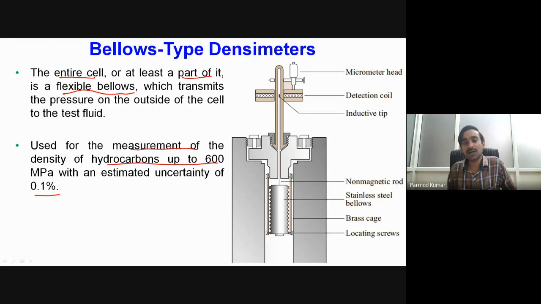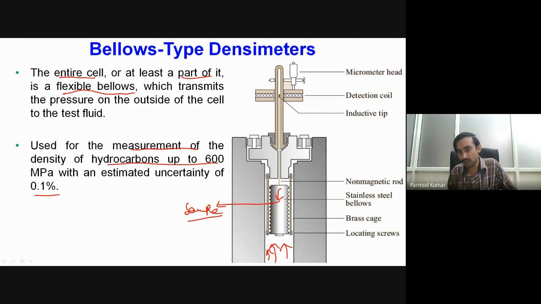What is basically done over here is that inside this bellow we put our sample. Here the sample is put, and after that we can keep this sample at any pressure we want. And you can see we are having an open port over here.